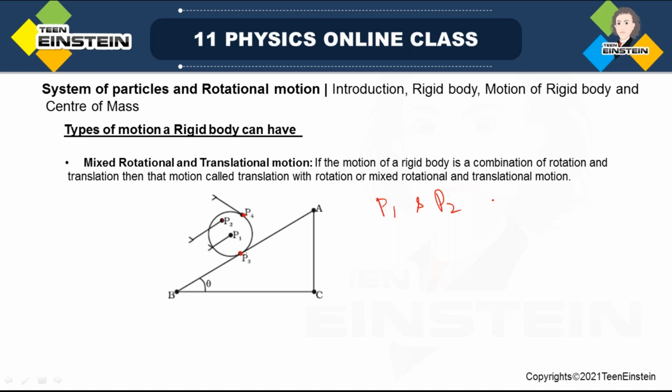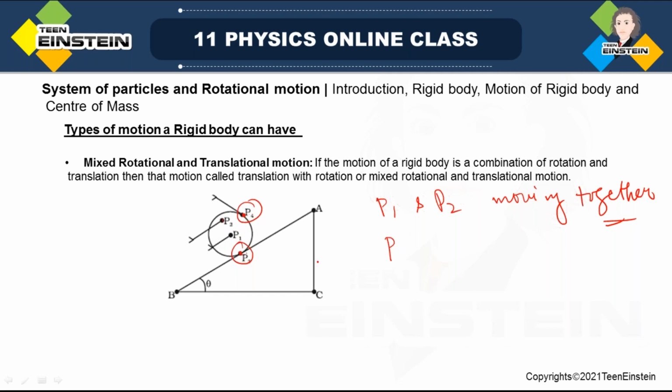No, maybe P1 and P2 are moving together, whereas P4 is not moving with these two. This is moving separately. That means the velocities of P1 and P2 will be different from P4, or the speed, if you say speed, is different for P4 than for P1 and P2.